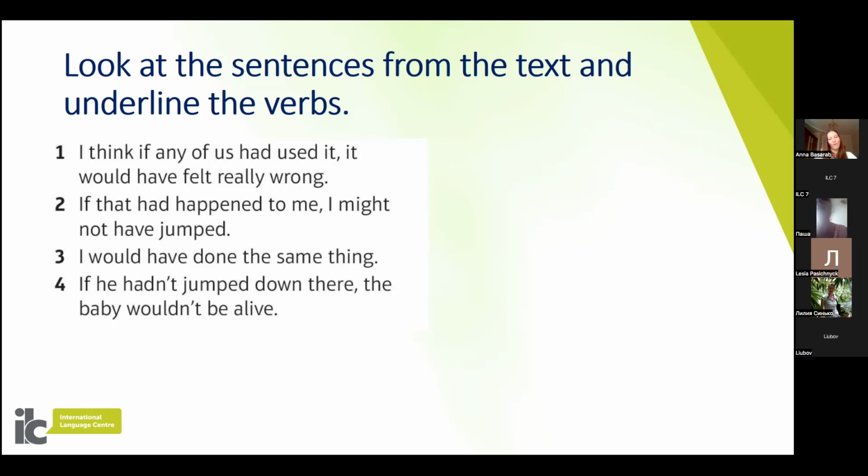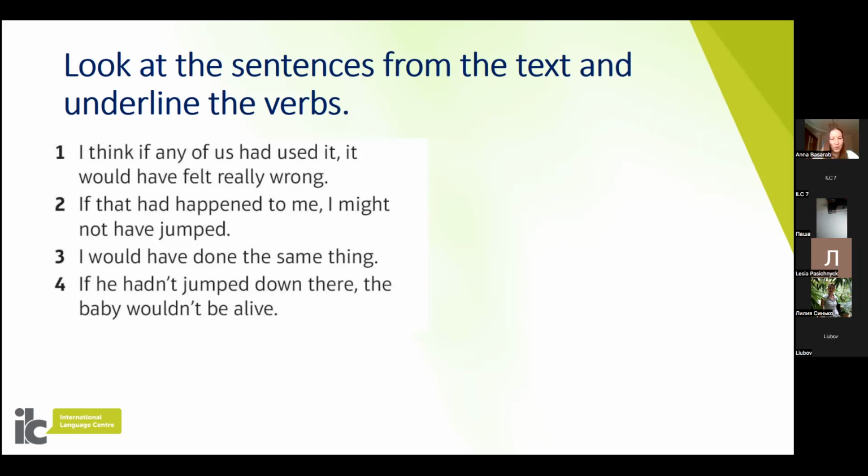And if we look at number 4, the last sentence. Okay. So the last sentence goes to past and present.